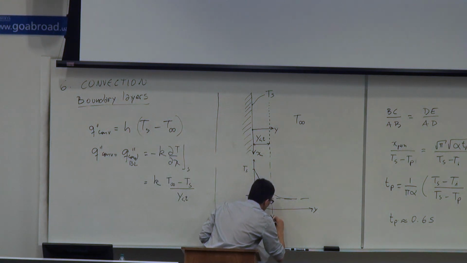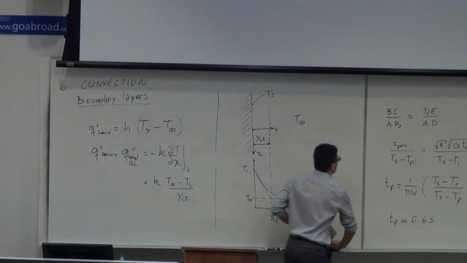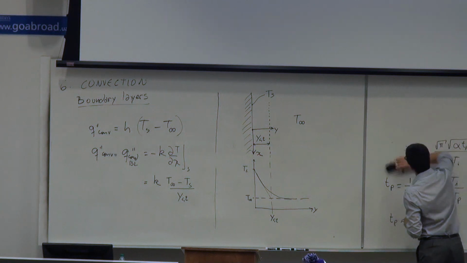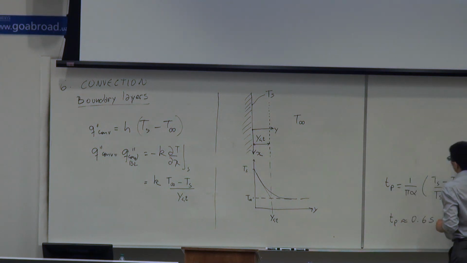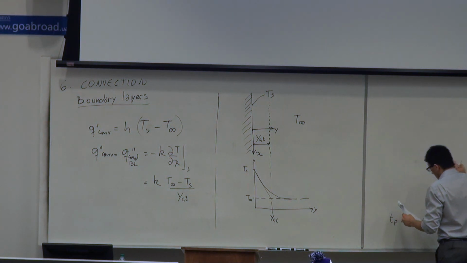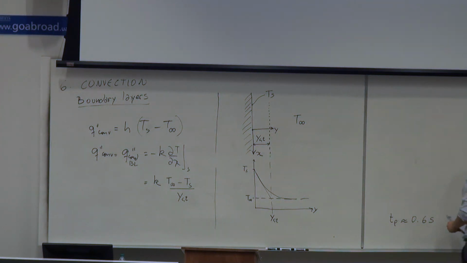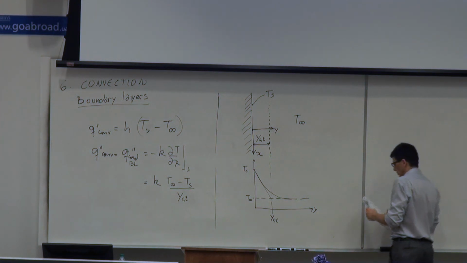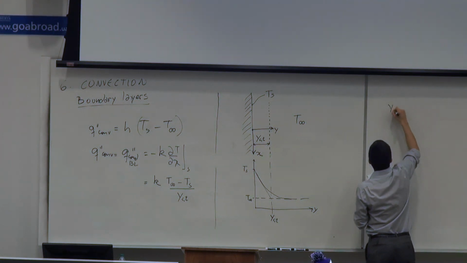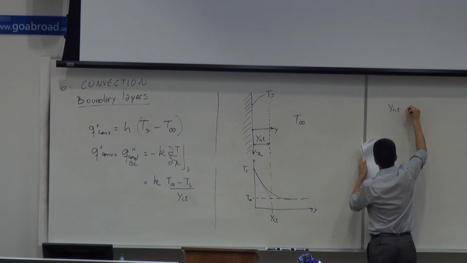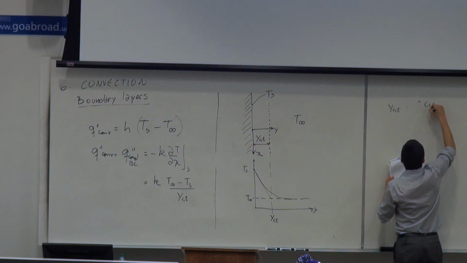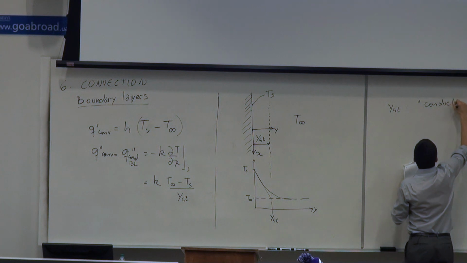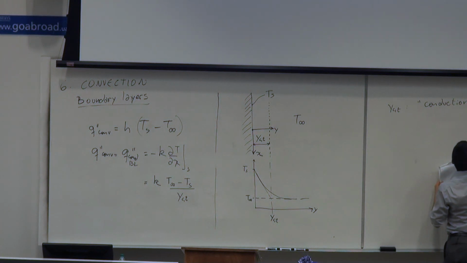Here's y_ct. So I'm going to erase here. The book does not use this notation. And some books mention this concept. So y_ct, some people call it conduction thickness.